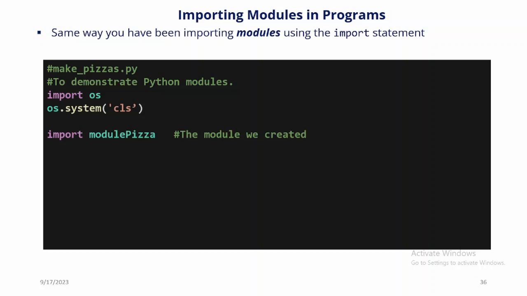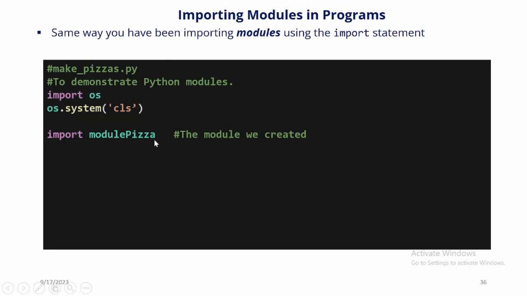When you say import, the module Python file must be in the same directory as where you are going to use the module to write a Python program. So this Python program is makepizzas.py. Makepizzas should be in the same directory where module pizza.py is located.